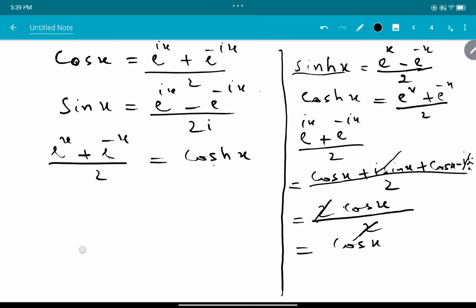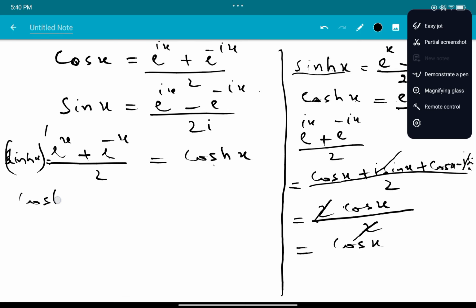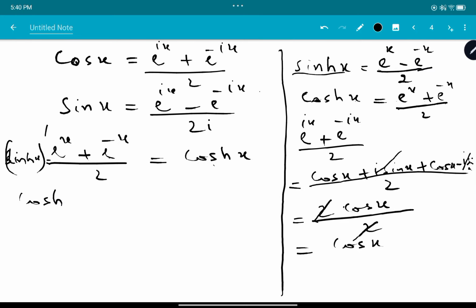So the derivative of hyperbolic sine is hyperbolic cos, with no negative sign. Similarly, let's take the derivative of hyperbolic cos.